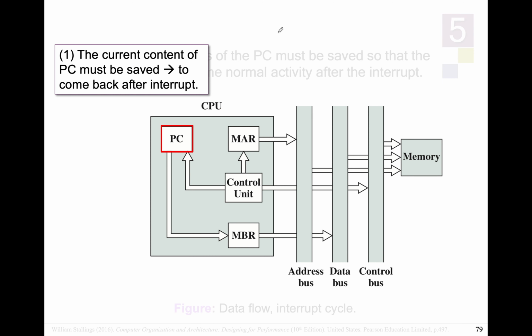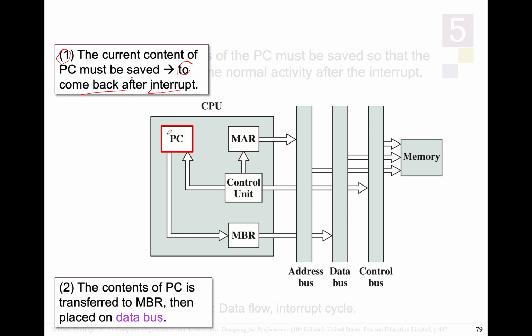So we see the flow. First of all, the first step is that the current content of the PC must be saved to come back after the interrupt. The contents of the PC are transferred to your MBR, then placed onto your data bus.